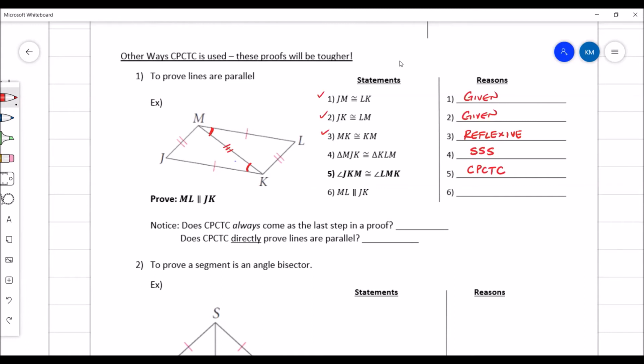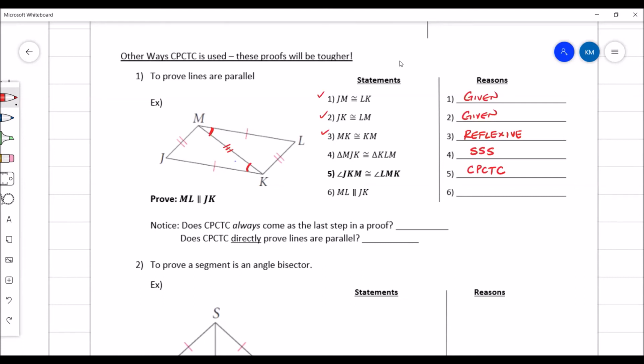Okay, so this is where we had been stopping, but notice that it doesn't ask us to prove that those 2 angles are congruent. It asks us to prove that the lines are parallel. And hopefully you're thinking, wait, prove lines are parallel, where have I heard this before? This is in our properties of parallel lines chapter, okay? And we could prove that with either congruent corresponding angles or congruent alternate interior angles, because with congruent pairs of those angles, that was proof enough that our lines are parallel.